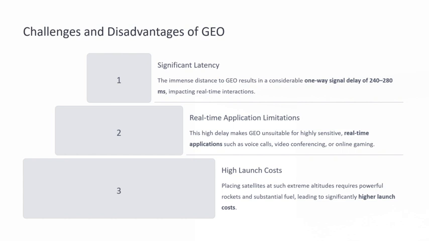Second, this delay makes them unsuitable for real-time applications like online gaming or video calls, which are very important in today's generation. So it is not beneficial for this. Third, high launch cost, because placing a satellite at such a high altitude requires a powerful rocket, so it is costlier.